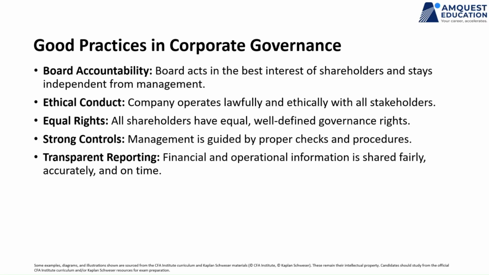Strong control. Management is guided by proper checks and procedures, which means the internal control processes should be robust. Example of internal control processes could be information leakage. The information should not, let's say, be leaked before it is made public. Simple, a classical example, financial statements.